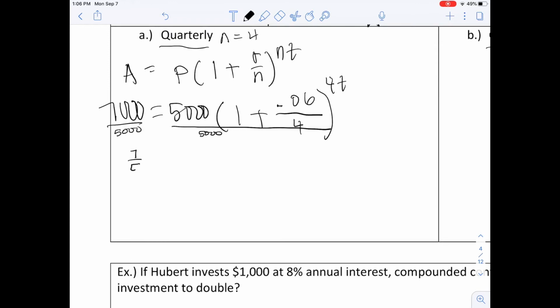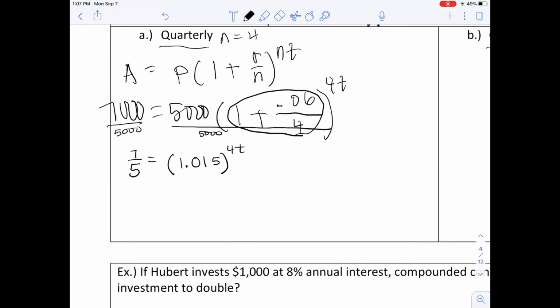And so I have 7 over 5 is equal to 1 plus, and these are all numbers, and I can substitute this in on my calculator. And when I do, I end up with 1.015. My suggestion would be not to round. If you have a longer decimal, leave it, so you don't have any rounding errors and miss the problem because of a rounding error. And this is raised to the 4t as our power.